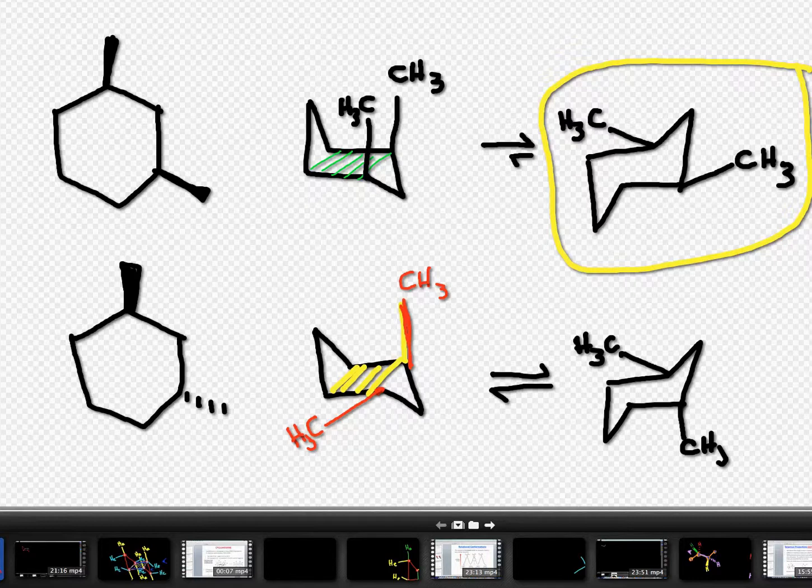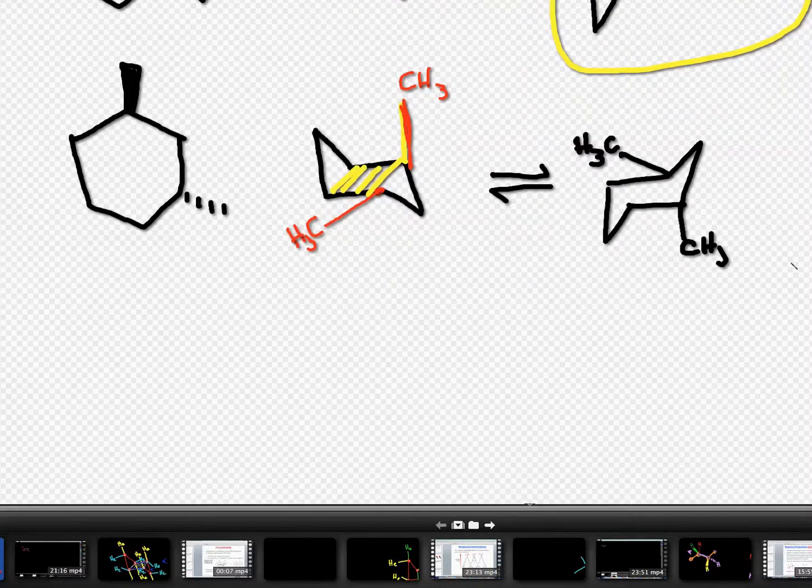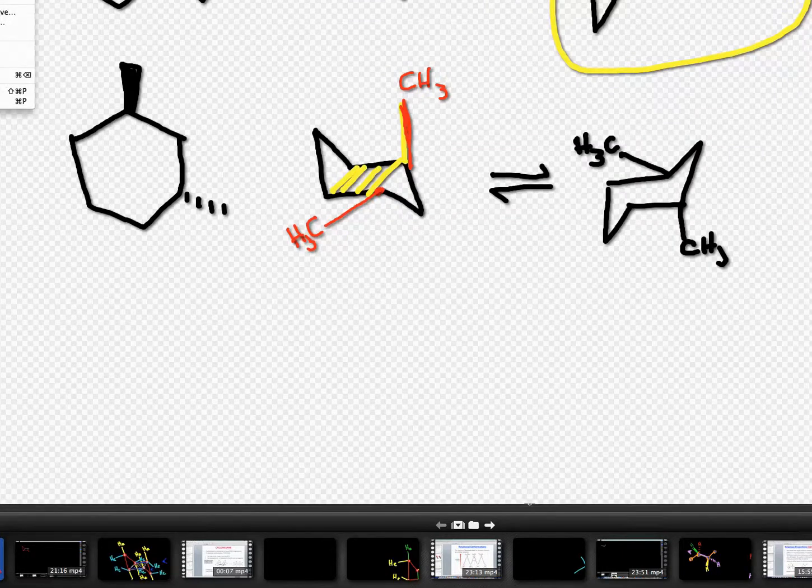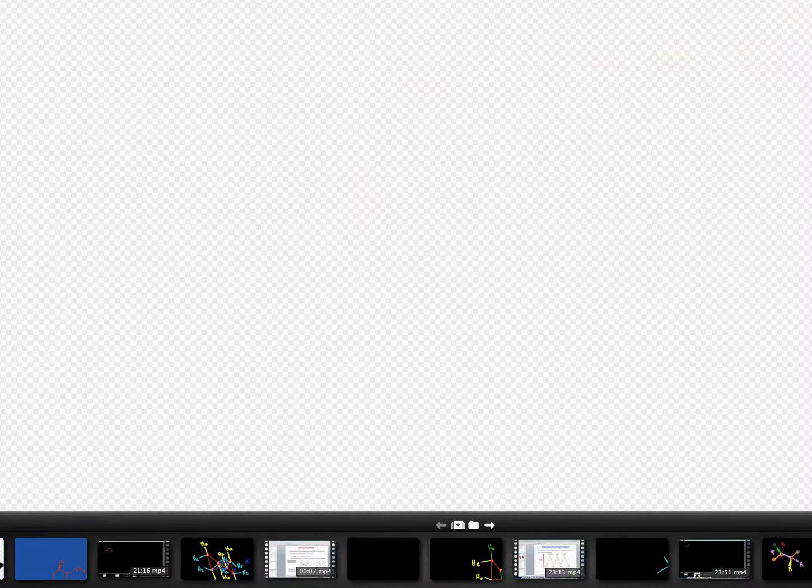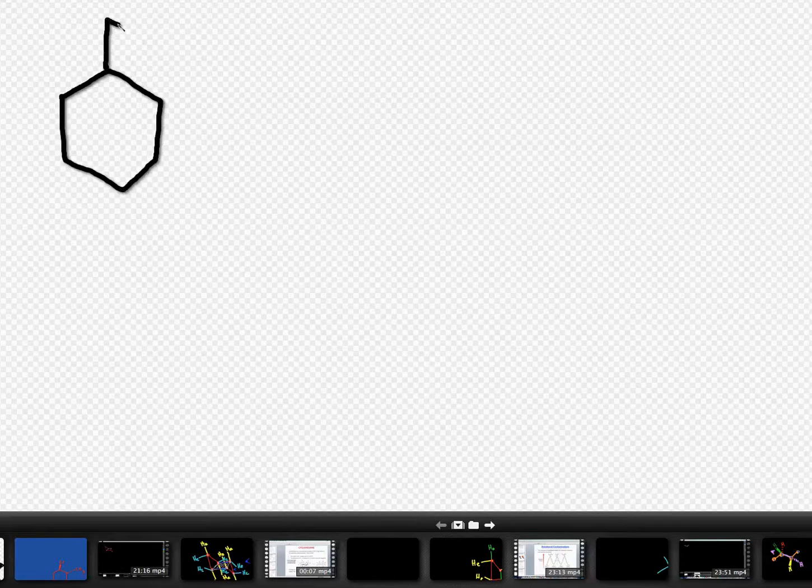One other type of disub we can have is 1,4 cis and trans. Do the 1,4 cis first. Again, always draw the chair conformation.